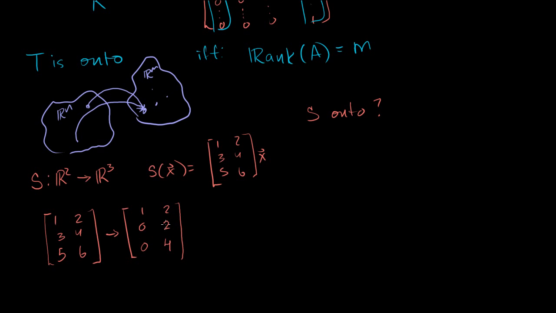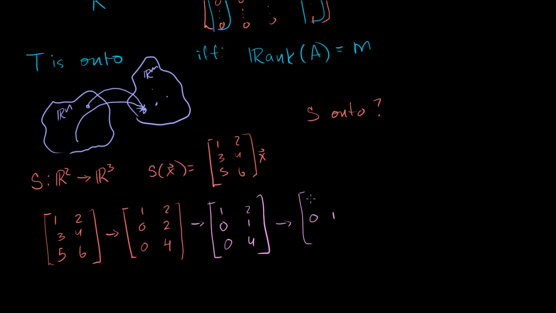Now let's see if we can get a 1 right here. Let's just divide the middle row by 2, or multiply it by 1/2. So you get 0, 1, and we have a 0, 4, 1, 2. And now let's try to make these 0. Again, reduced row echelon form. So I'm going to keep my middle row the same, 0, 1. And let's replace the top row with the top row minus 2 times the second row.